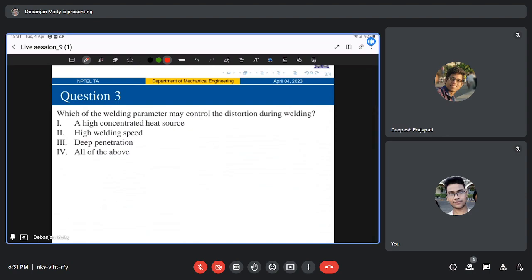So let's move to the next question. It says which of the welding parameters may control the distortion during welding. Before that, let us understand what can be the causes of distortion in weldments. Then it will be much easier to understand how you can control the distortion.